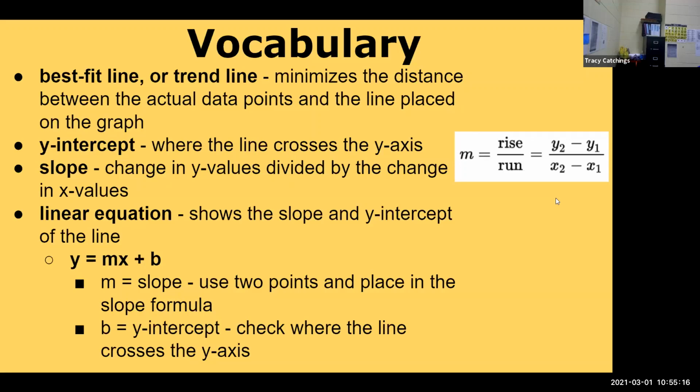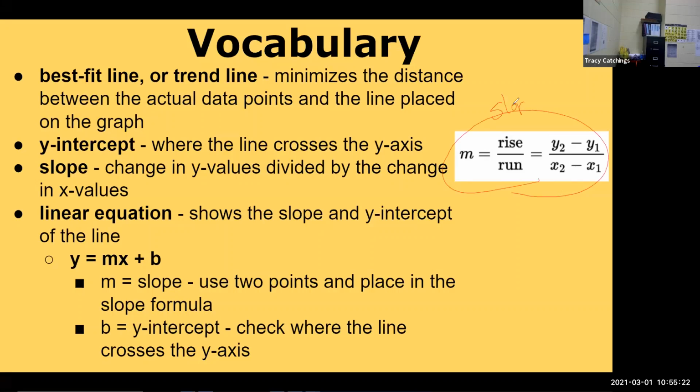And then, of course, the slope is the change in y values divided by the change in x values. This is how we find slope. We need two points in order to do so: y2 minus y1 divided by x2 minus x1. And that remains the same from now through high school algebra, college algebra. It's the same linear equation we've looked at since the start of school.